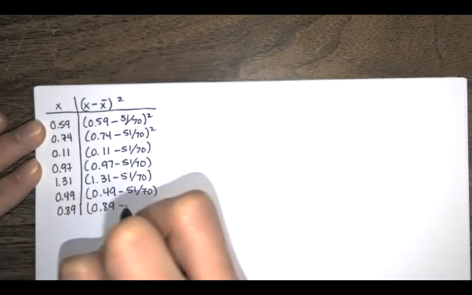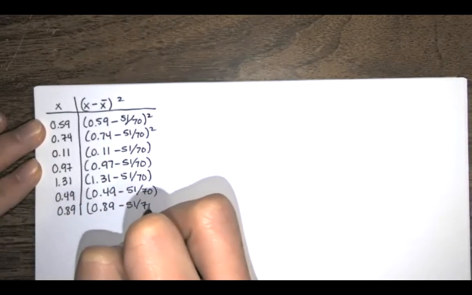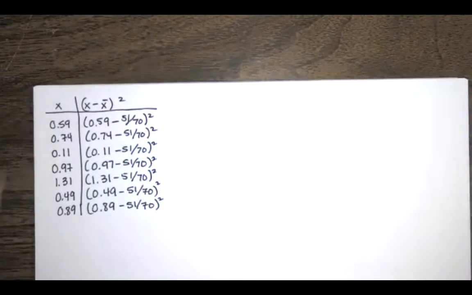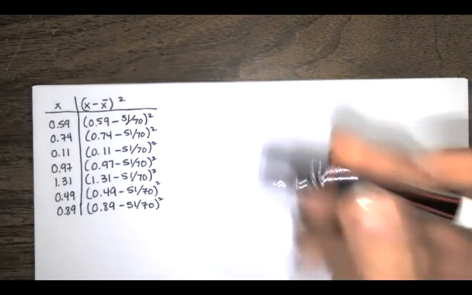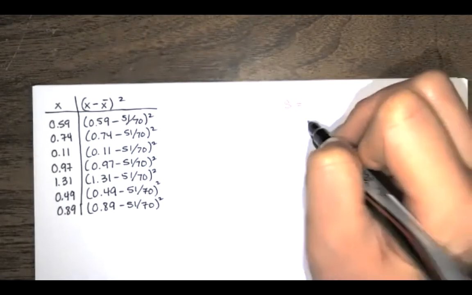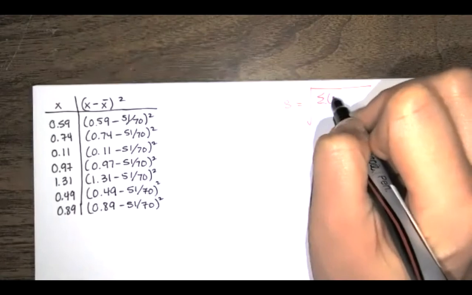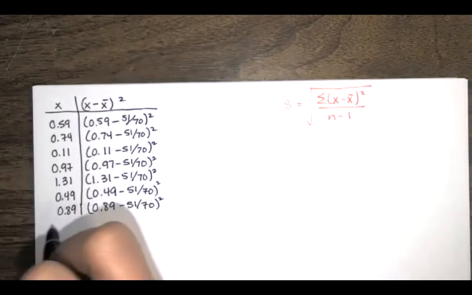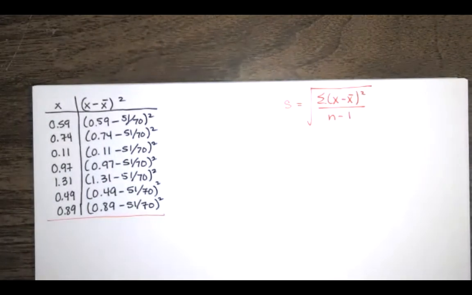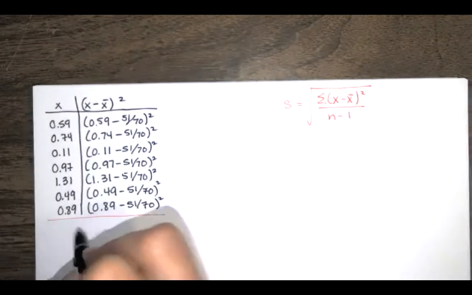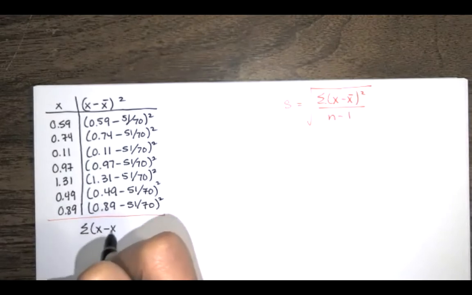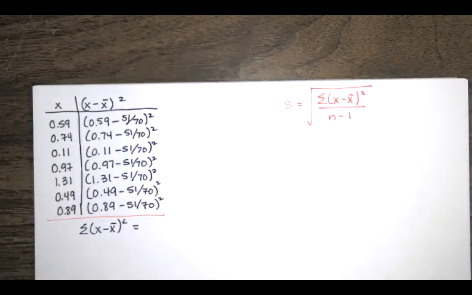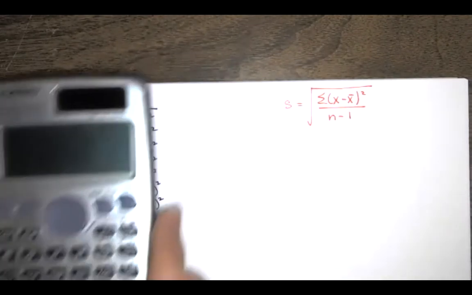And again, the formula for sample standard deviation is this, or one of the formulas. So we want to take these guys and we want to add them up. And I don't think I will do those calculations by hand. I'll do them in my calculator.